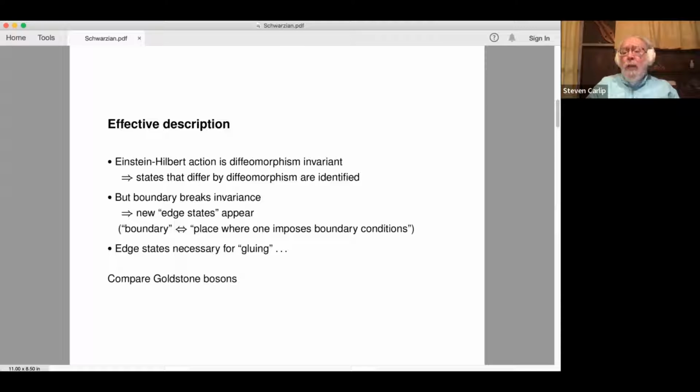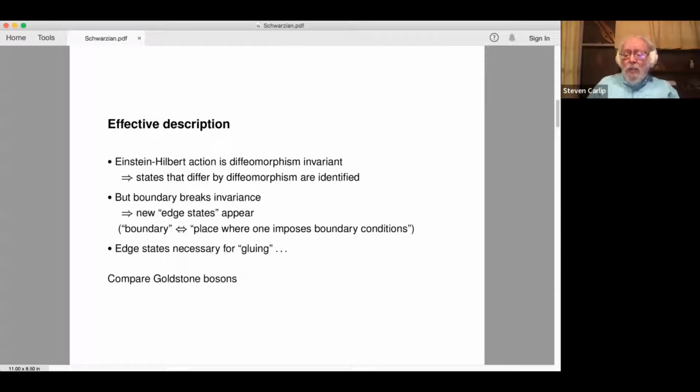It's useful to compare this picture to the standard picture of Goldstone bosons. This is not exactly the same, but in spirit, it's very similar. As in the appearance of Goldstone bosons, you have a symmetry that's broken. As a result, there are new degrees of freedom that correspond to excitations from states that used to be equivalent under the symmetry.